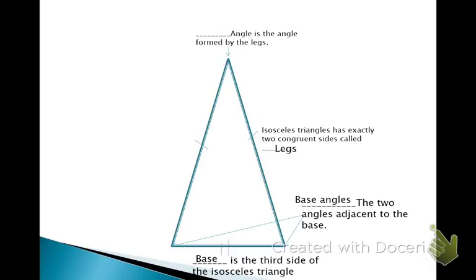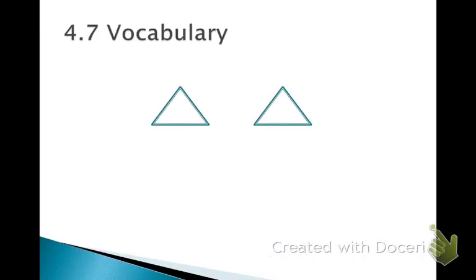The angle formed by the legs, the angle formed by the congruent sides, is called the vertex angle of the isosceles triangle. Vocabulary.